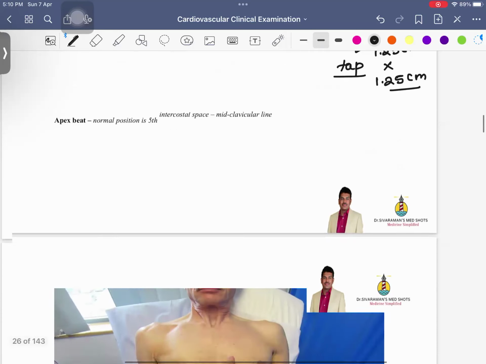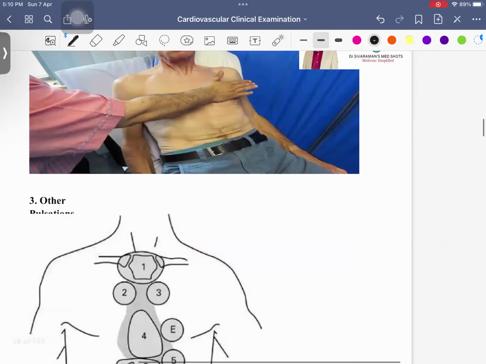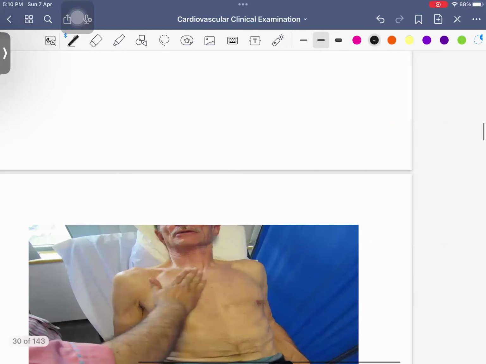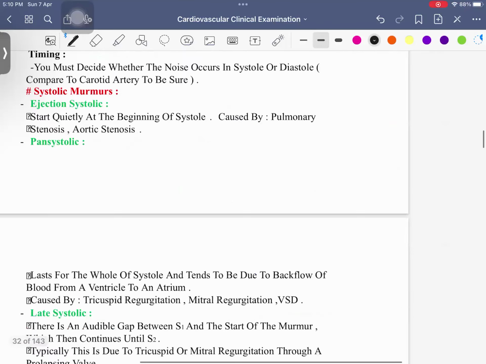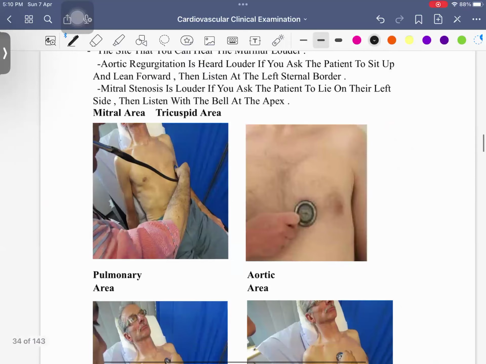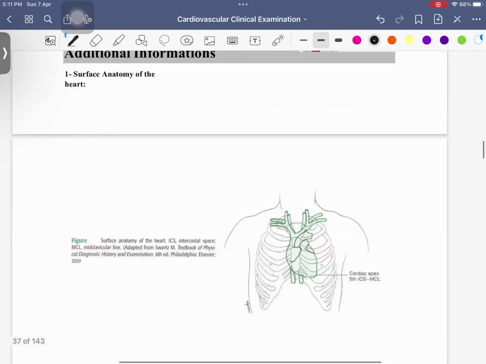Whenever there is a change here, the apical impulse is going to change its quality. So what are the different types of apical impulse you will get in our practice?